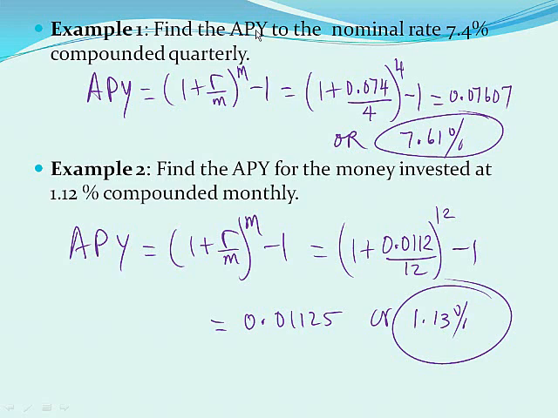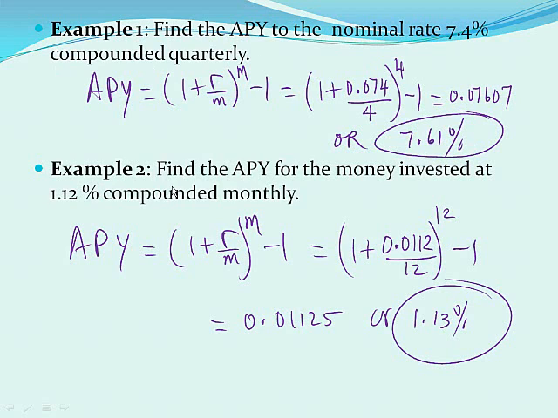Here are some examples. Find the annual percentage yield for the nominal rate of 7.4% compounded quarterly. So we substitute in the formula. Quarterly means 4. So we get 0.07607, which is 7.61%. So that means an annual rate of 7.61% is equivalent to 7.4% compounded quarterly.